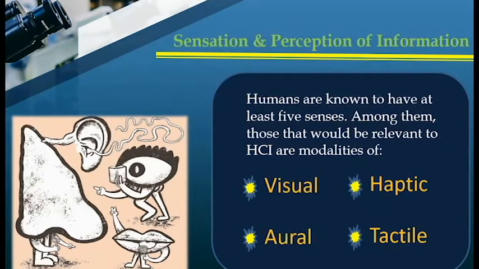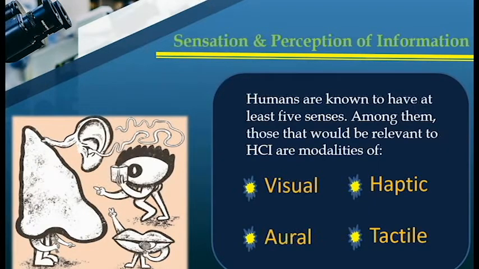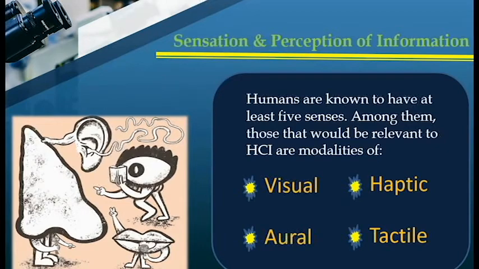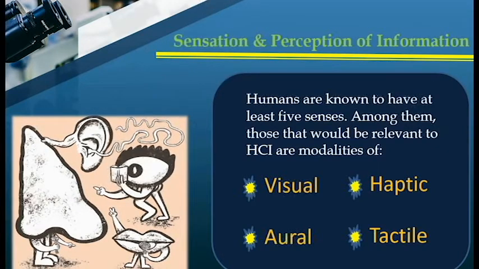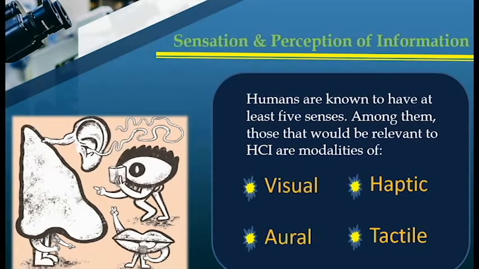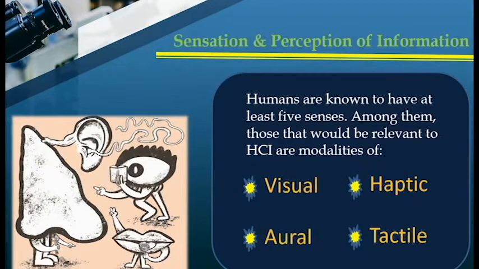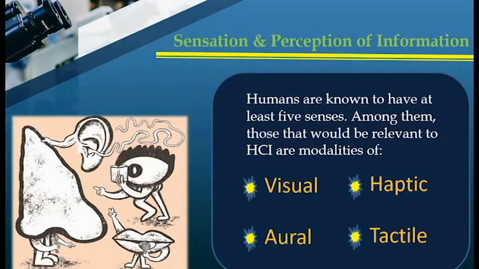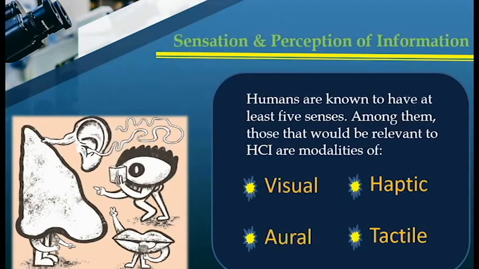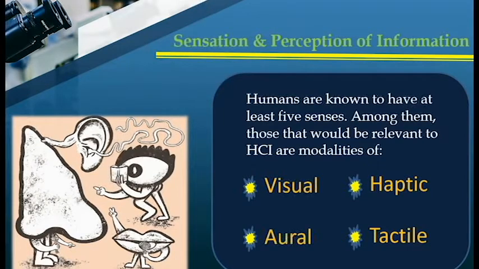information processing. So right now, let's proceed with another factor, human factor, the sensation and perception of information. So in the previous section, we explained the value and usage of the knowledge of cognitive and high-level information processing to HCI design. So now we're going to shift our focus to raw information processing.